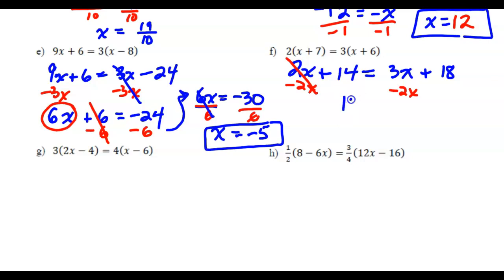So now 14 equals x plus 18. Okay, and that one's pretty straightforward because it's just x. So when we subtract 18, 14 minus 18 is negative 4.